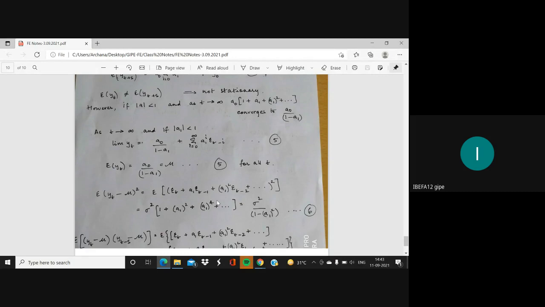Even if you take expectation of yt plus s, you'll find that this term no longer exists. It simply vanishes. So you'll be left with only this term, which I'm circling with my cursor. So the mean value of yt is some constant. It is finite. So the first condition for stationarity is satisfied.